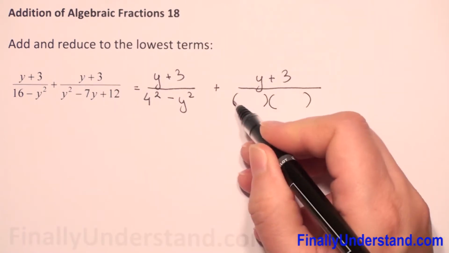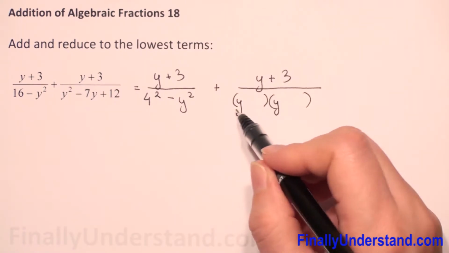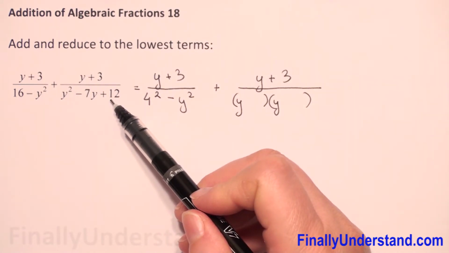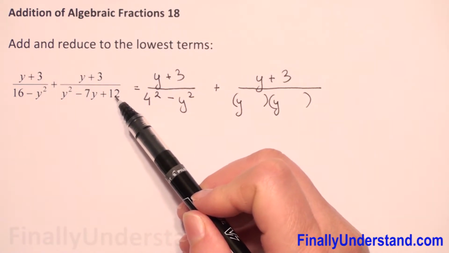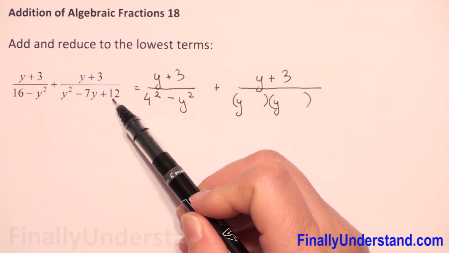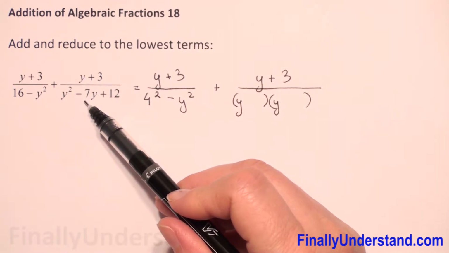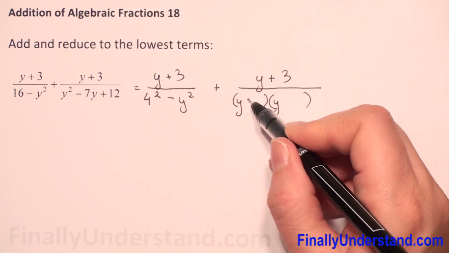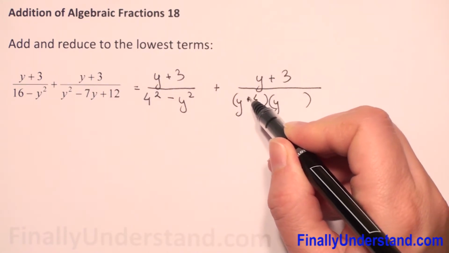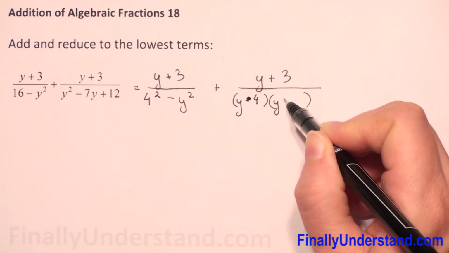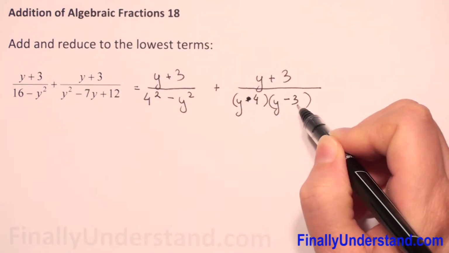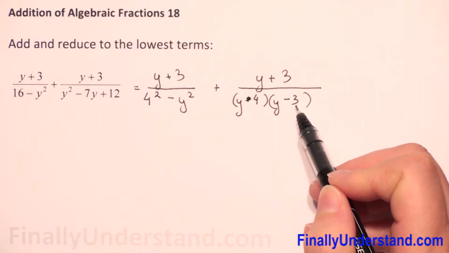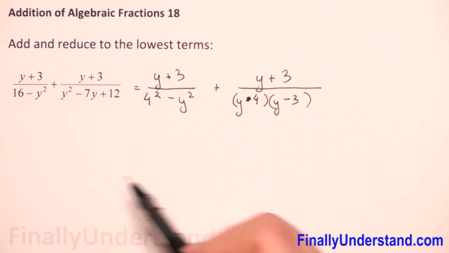So first I will put y and y, and y times y gives me y squared, and next we have to check if I can find two numbers which I multiply and I will have 12, and when I add them I will have negative 7. So it will be of course negative 4 and negative 3, because negative 4 times negative 3 gives me positive 12, and negative 4 plus negative 3 is negative 7.